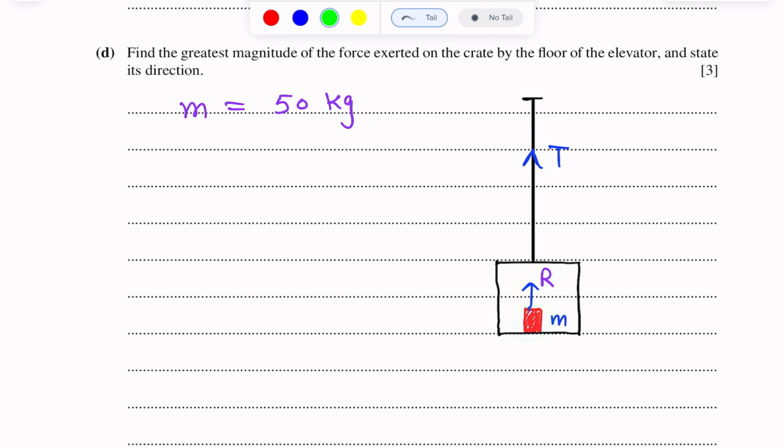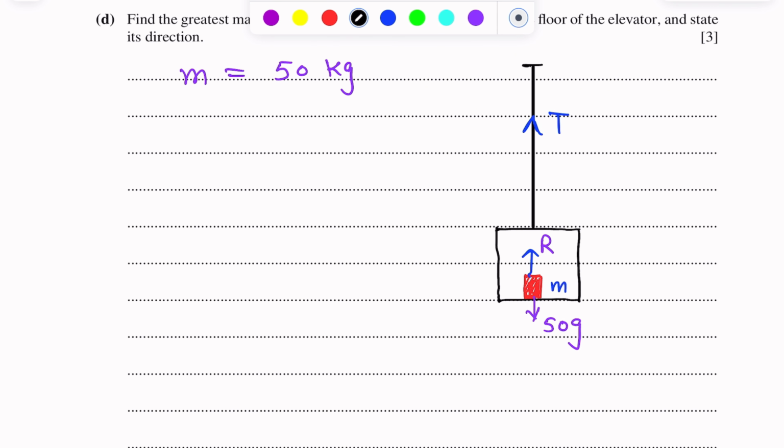Weight of the crate will be acting vertically downward, mg, that is 50g. So by using Newton's second law of motion, R minus mg is equal to ma, where mg is 50g and m is 50.